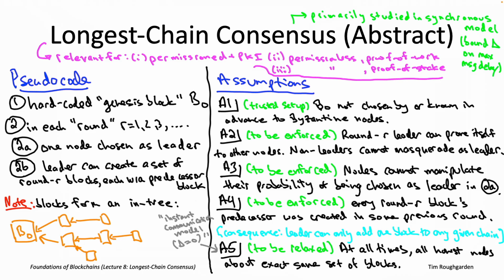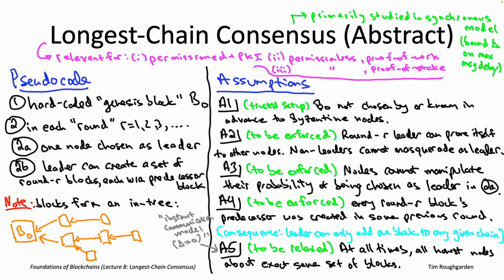So the consequence in light blue on this slide says that under the general version of assumption A4, the leader of a round is not going to be able to propose multiple blocks on the same chain, but it leaves open the possibility of proposing blocks across different chains. Whereas with the proof of work implementation, the leader is only going to propose one block, period. So in particular, it's adding at most one block to any given chain.